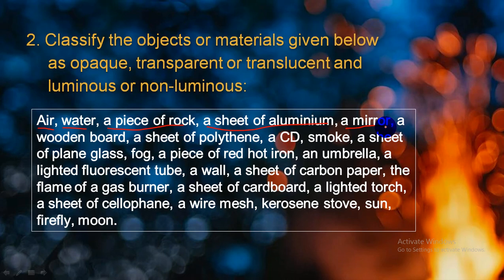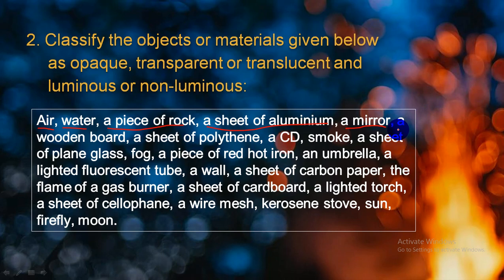Suppose you have a handy mirror, you will observe that on the back side either gray color or orange color is applied, so that it becomes a mirror and reflects the light. So for a mirror you must understand that it is an opaque object, while glass is considered transparent.